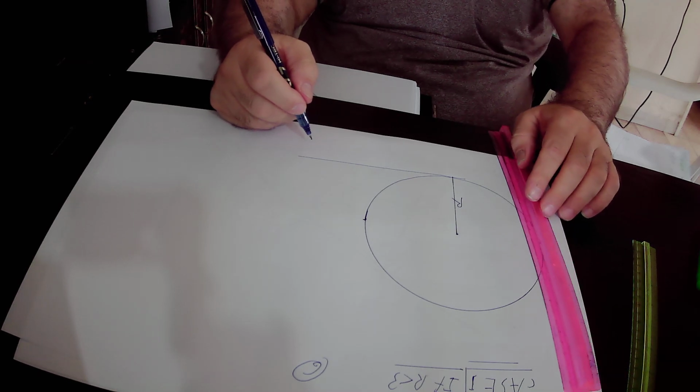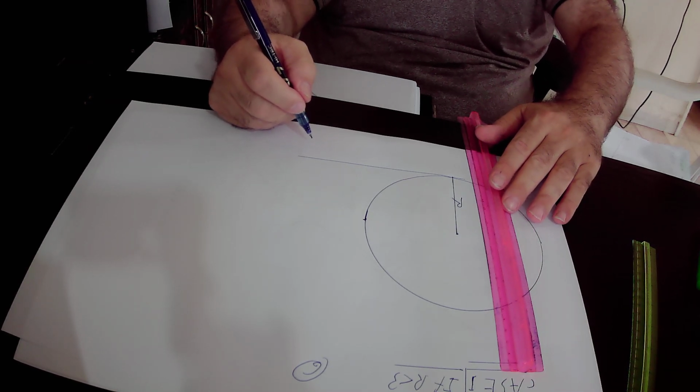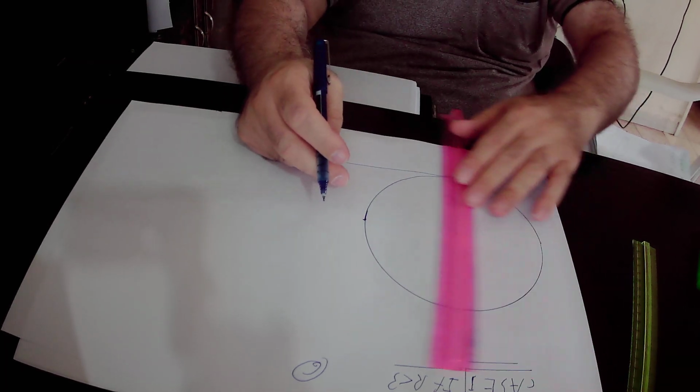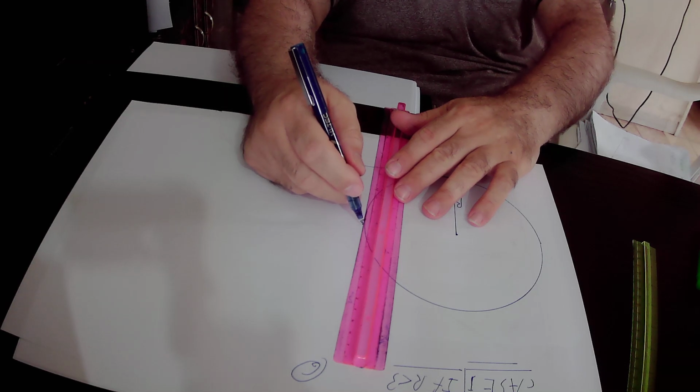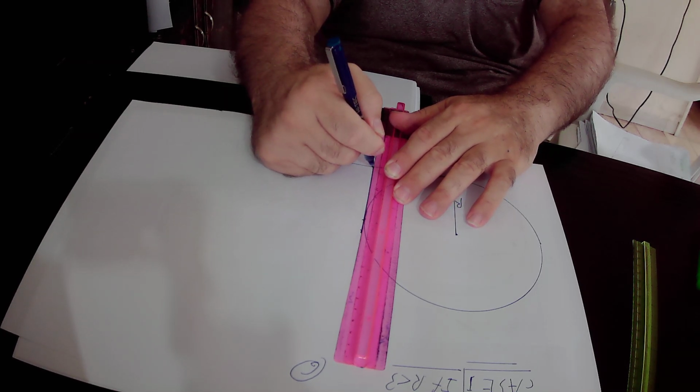And because the side length of the square is equal to 3 units, it will be higher than the radius. So this will be the side length of the square.